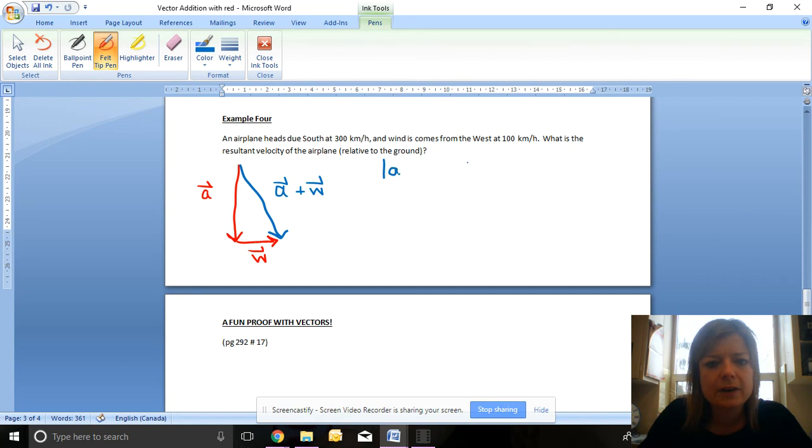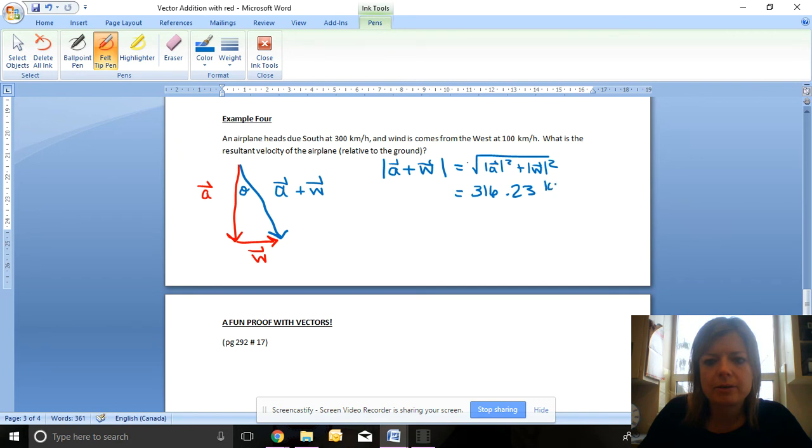So we need to find the magnitude of A plus W, and we also need to find the size of that angle there. Okay, so A plus W, we can actually use Pythagorean theorem here because this is a right angle triangle. So we can use the square root of the magnitude of A all squared plus the magnitude of the wind all squared.